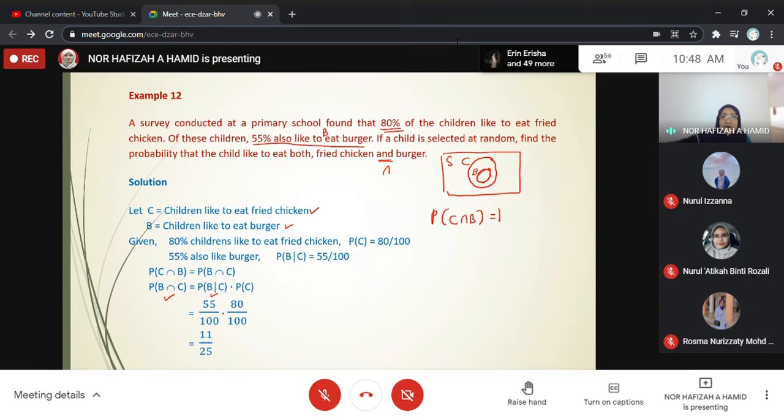So probability of B given C times probability of C. So you get 55 over 100 times 80 over 100. So you have 11 over 25. Okay. So this is also a conditional event. It is the same as your earlier example, except that earlier we calculated the conditional, but now we calculate the intersection. So we use the same formula. Okay, so this is for dependent event.